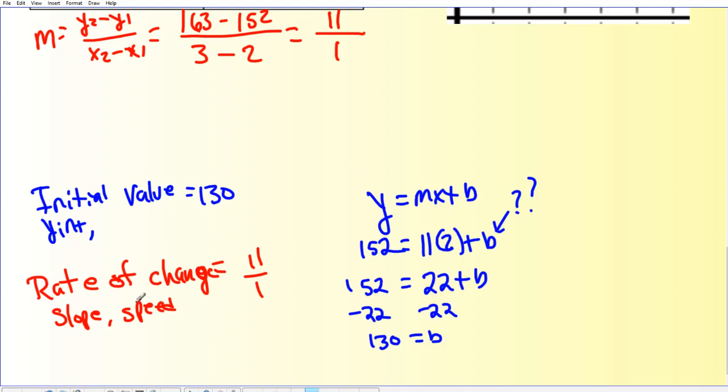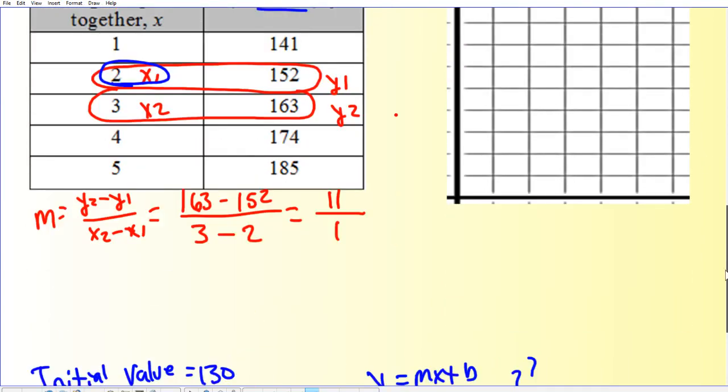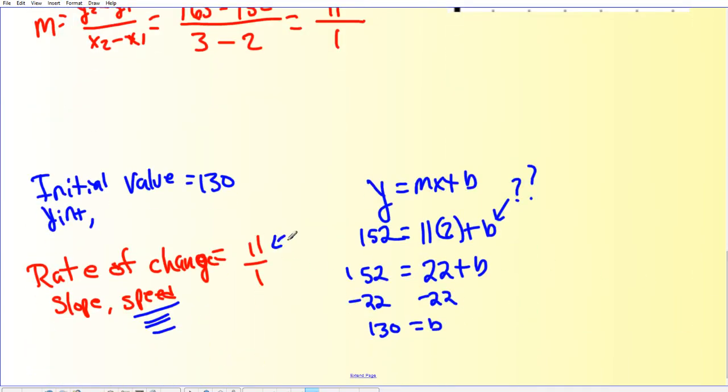And then the speed at which his money changes, it changes by 11, let's check my units, $11 per engine. So this is dollars. This one is engines. That's how fast his money's changing. So he starts with 130 bucks, and then he makes $11 for every engine he puts together.